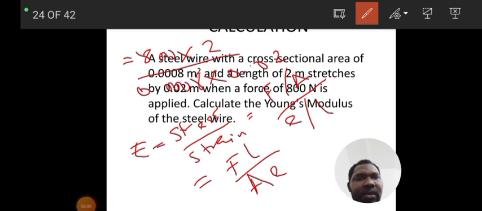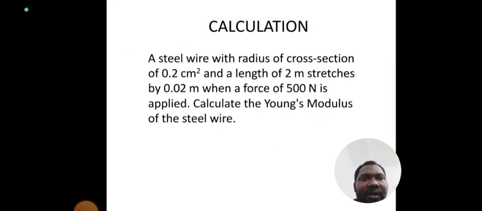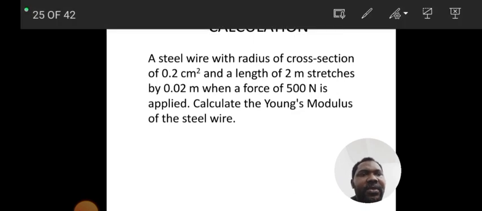Calculating that will give us 10 raised to the power of 8 pascal, or you can say 0.1 gigapascal. So that should lead us to the next question.